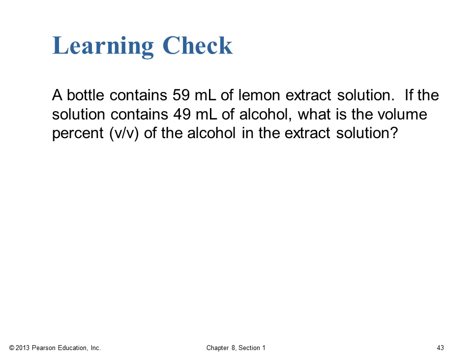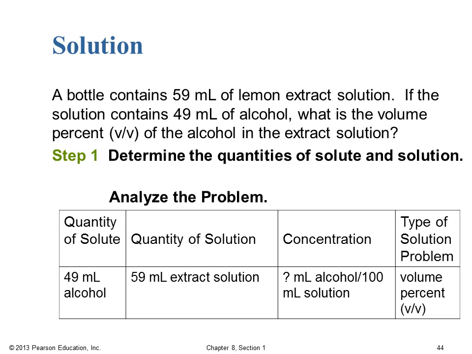So if we have 59 milliliters of lemon extract solution, and that contains 49 milliliters of alcohol, what is the volume percent of alcohol in the extract solution? So what we want to do is first write out what we are given.